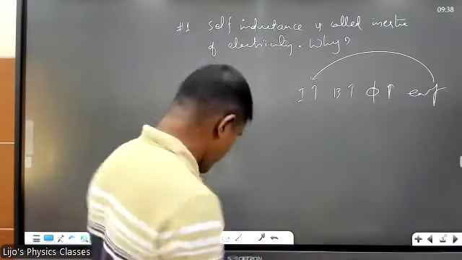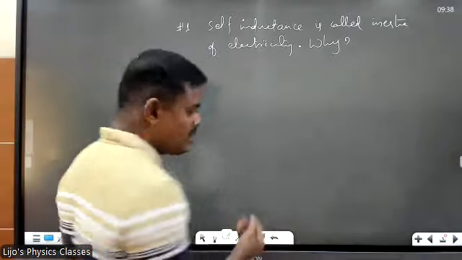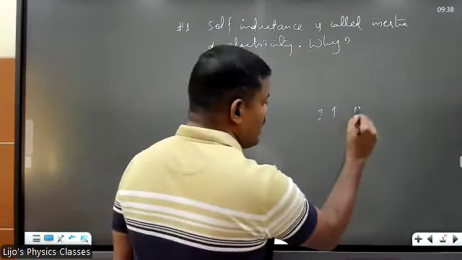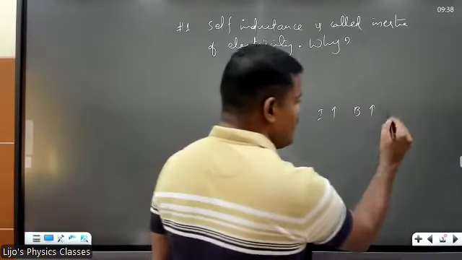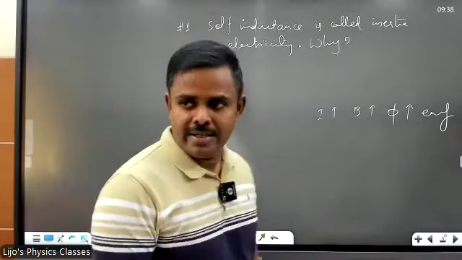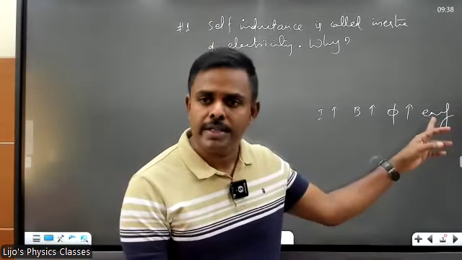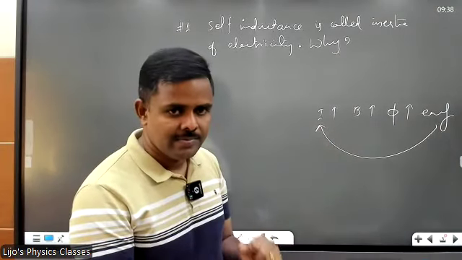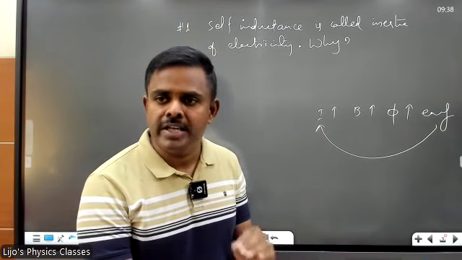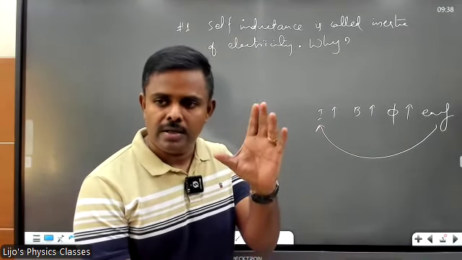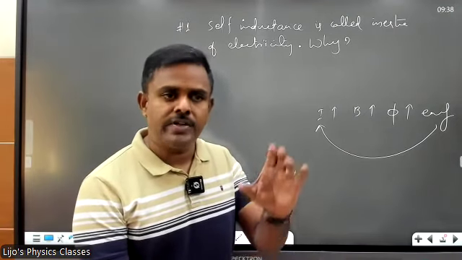When you switch it on, current will increase, field will increase, flux will increase, EMF will be developed. According to Lenz, that EMF should oppose the cause. Who is the cause? Growth of current. So the growth should get delayed. Growth actually happens very slowly.